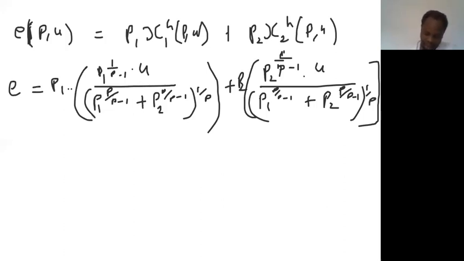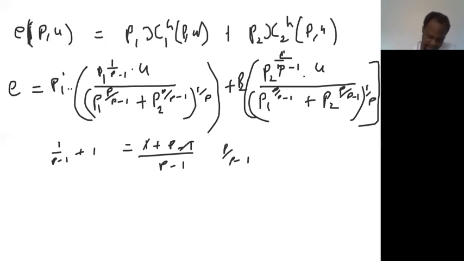So if I add up the exponents, 1 over phi minus 1 plus 1, because this is P1 exponent 1, it equals 1 plus phi minus 1 all over phi minus 1. Okay? So this cancels this. So you have this as phi over phi minus 1.